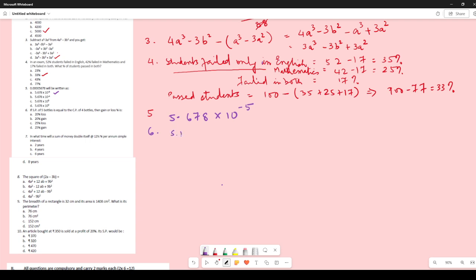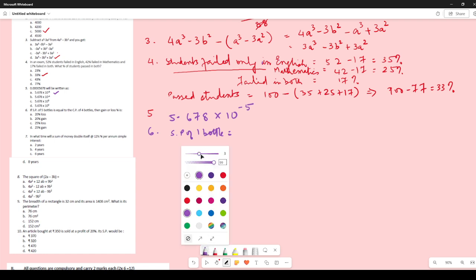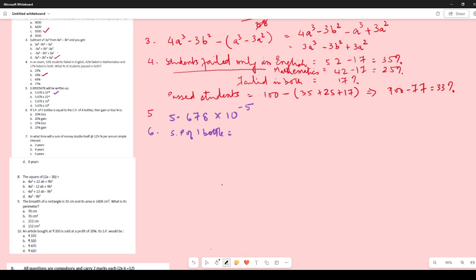So SP of 1 bottle will be equal to 4 by 5 CP of 1 bottle. Right. So we can see SP is less than CP. Since SP is less than CP, hence we have a loss.